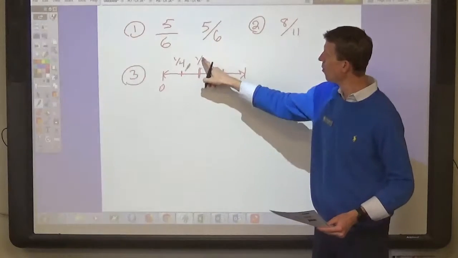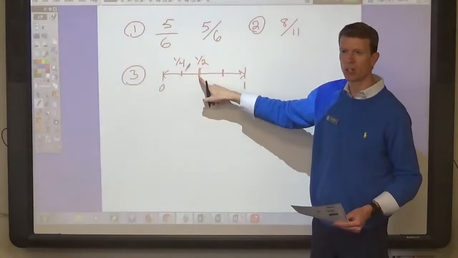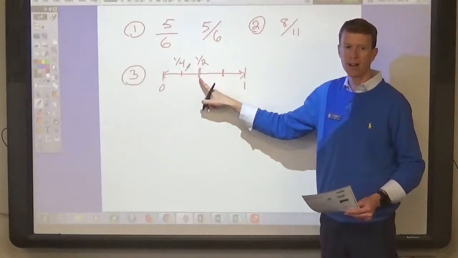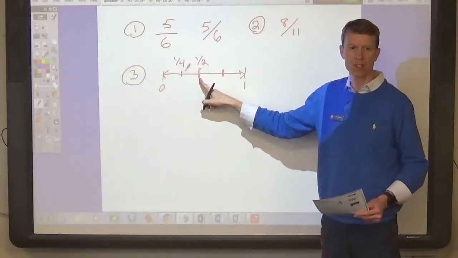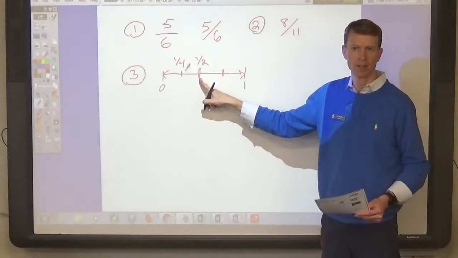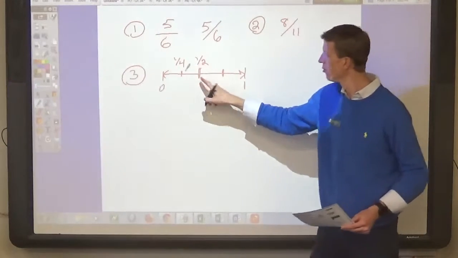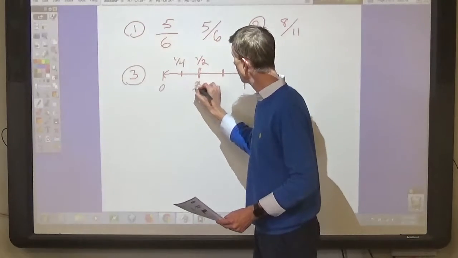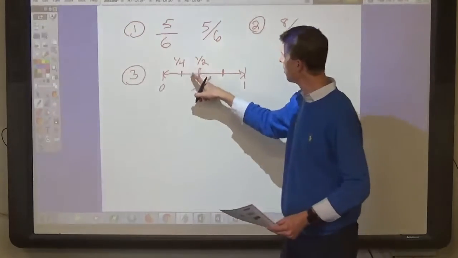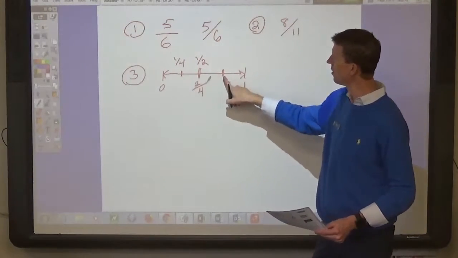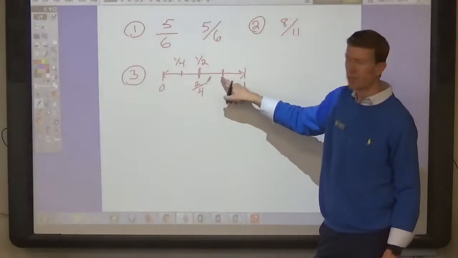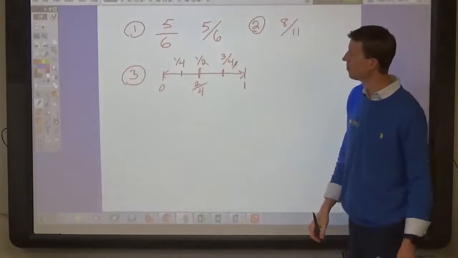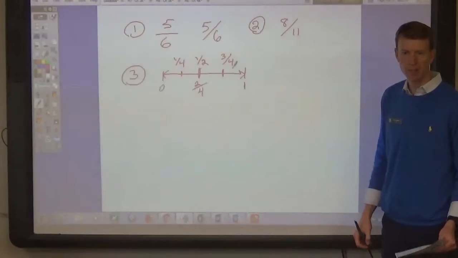Then what would be equal to 1/2 in terms of fourths? 1/2 is equal to how many fourths? Trevor? 2/4. So 1/2 is equal to 2/4. 1/4, 2/4. This one would be 3/4. Yep.